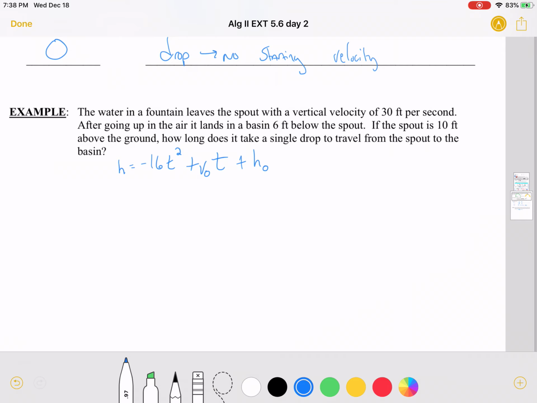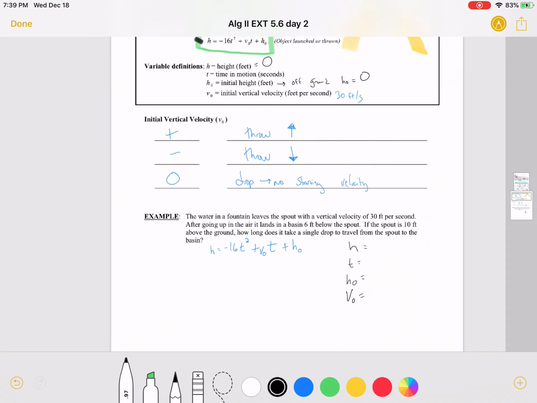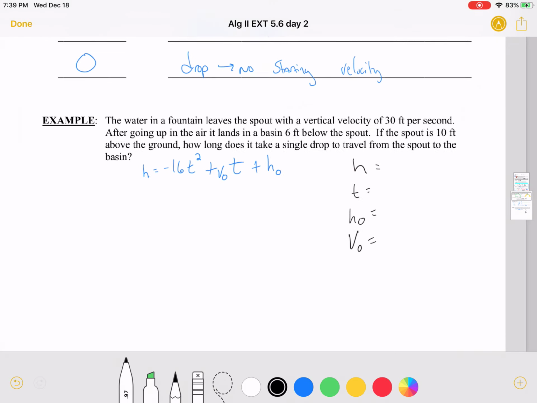Okay, so let's list out what we know. We have to figure out what our H value is, what our T value is, what our H sub 0 is, our starting height, and our V sub 0, our starting velocity. So again, what does H stand for? The height in feet.